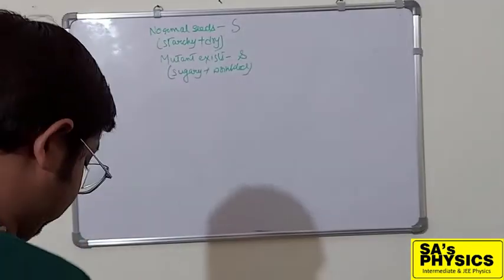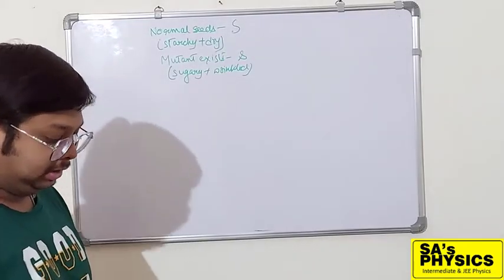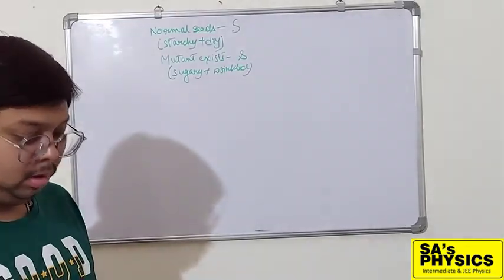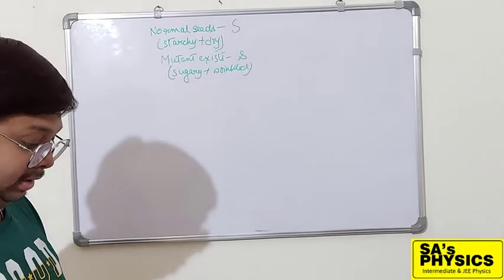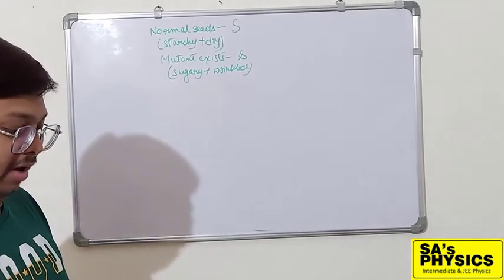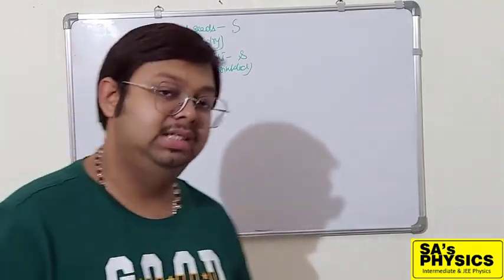Now they have asked, when crossed with a normal plant, the F1 was produced which had normal seeds.